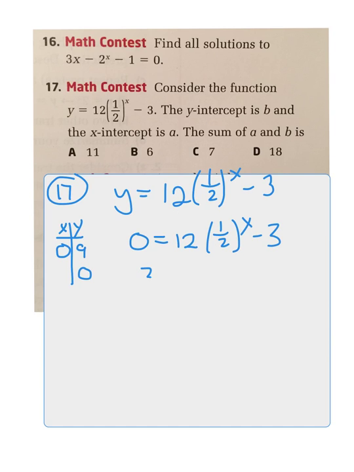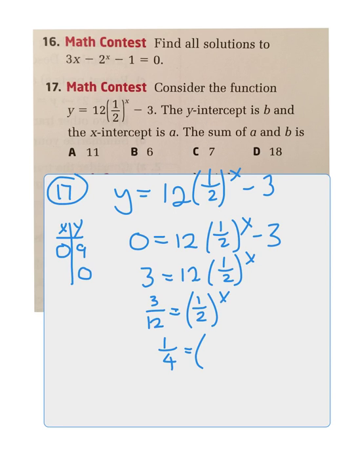So we add 3. Divide by 12, 3 over 12, equals 1/2 to the x. And 3 over 12 is 1/4, which is 1/2 to the x. And we know that 1/4 is 1/2 squared.